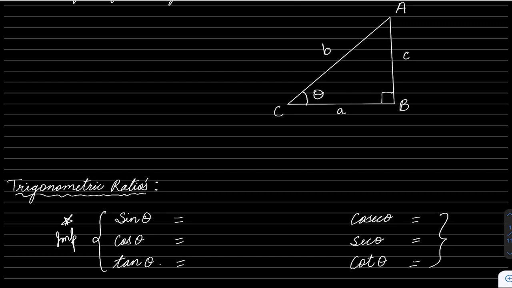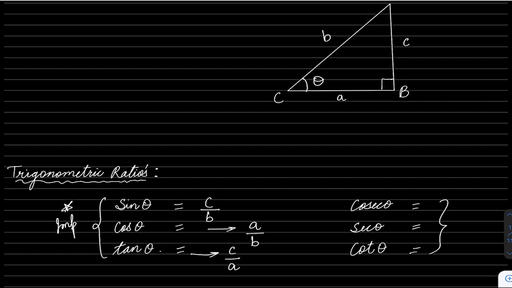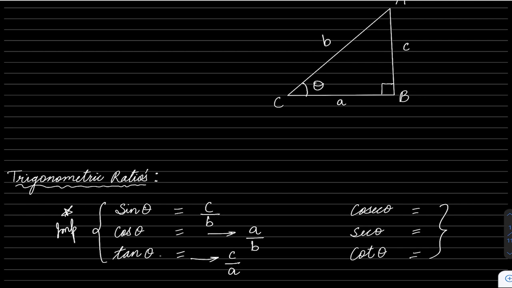If this angle is theta, then sine theta is nothing but c over b. Cos theta is nothing but a over b. And what is tan theta? Tan theta is c over a. So basically sine theta, cos theta, and tan theta are the ratio of two sides of a triangle.